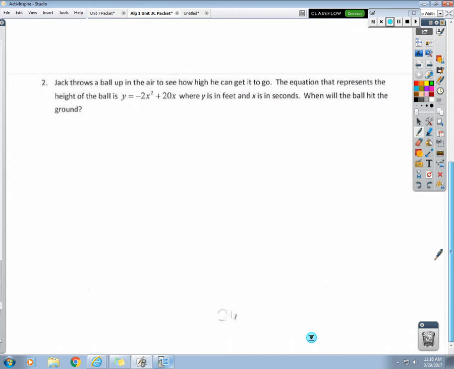All right, number 2. Jack throws a ball up in the air to see how high he can get it to go. The equation that represents the height of the ball is y equals negative 2x squared plus 20x, where y is in feet and the x's represent seconds.